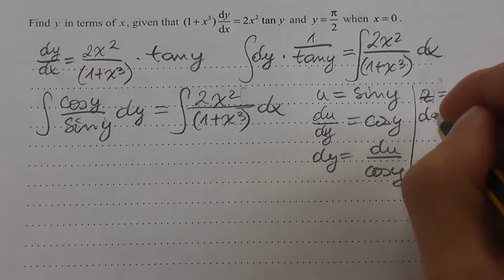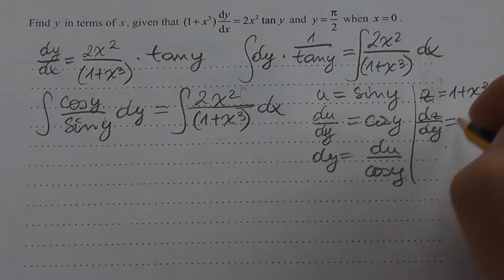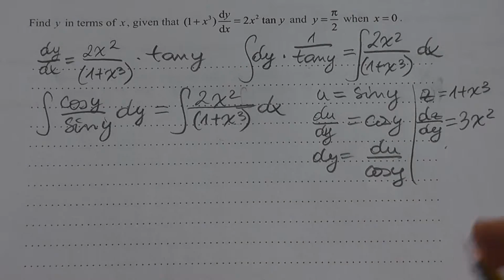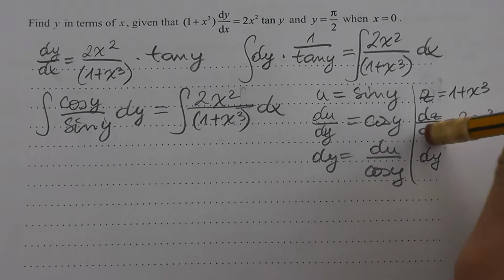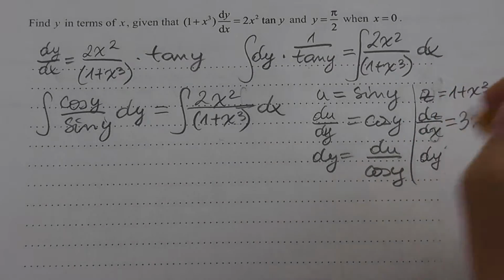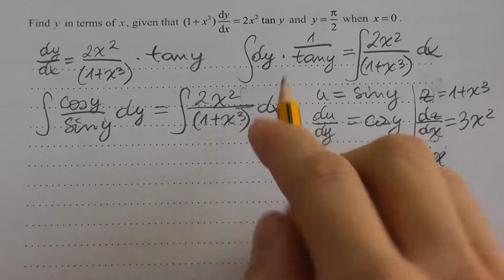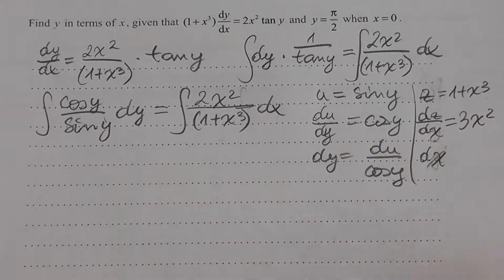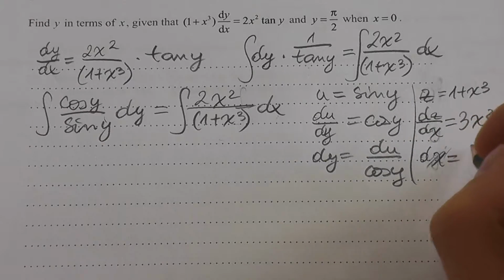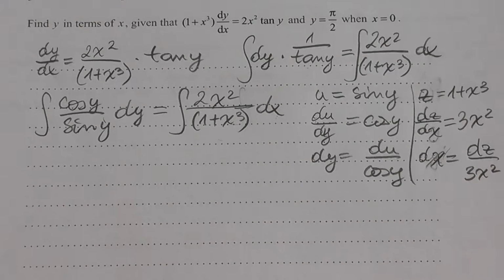And so dz dx, we're taking the derivative of z with respect to x, is 3x squared. Therefore dx, see, now I got confused. I confused myself because we're integrating dx on this side. I was in the y world from the side, sorry. So therefore dx is equal to dz over 3x squared.